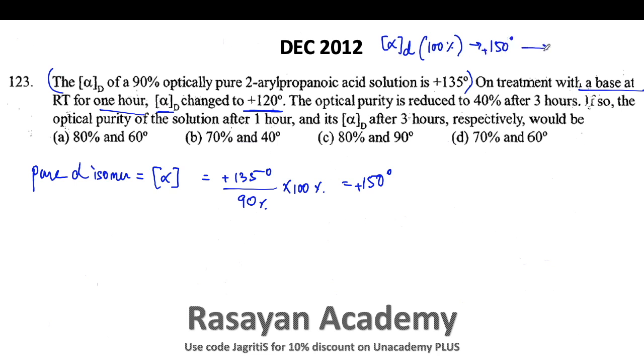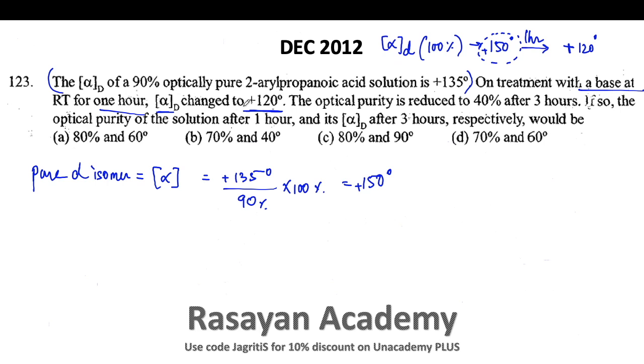Now, when you are doing 1 hour of reaction, it becomes plus 120 degree, which means that some of the D isomer has also converted into L, and that is why it is cancelling out. So we have to find out how much has converted to the L isomer. That we can do easily by the enantiomeric excess.